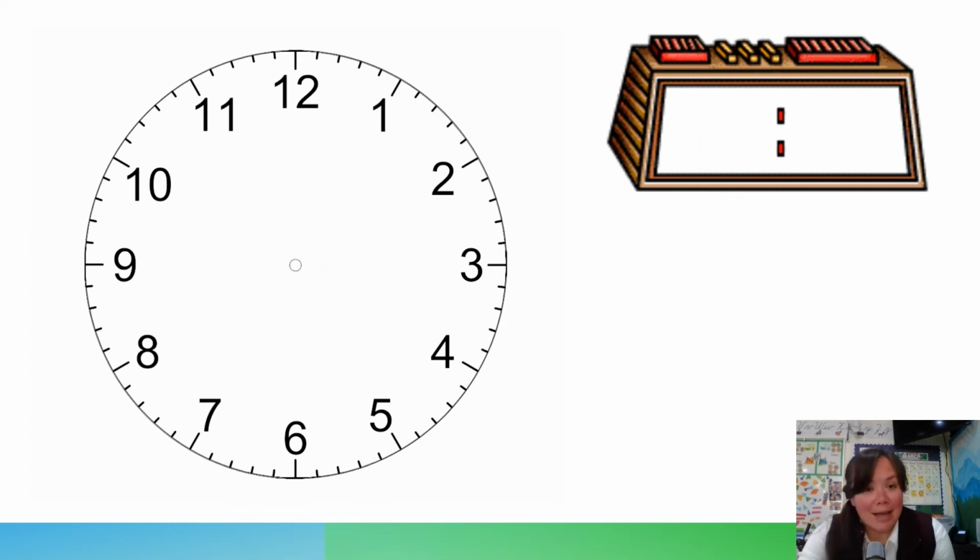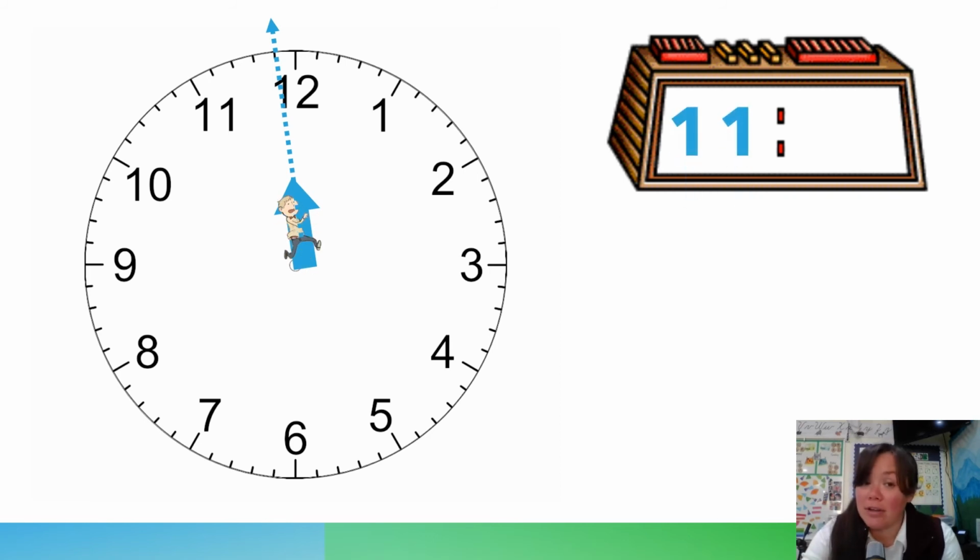In this example, our hour hand is really close to that 12, but would you say he's finished? No, I don't think he's finished yet. He has not gotten to lap 12, so he is still on lap 11. It is still 11 o'clock. It's not 12 yet.